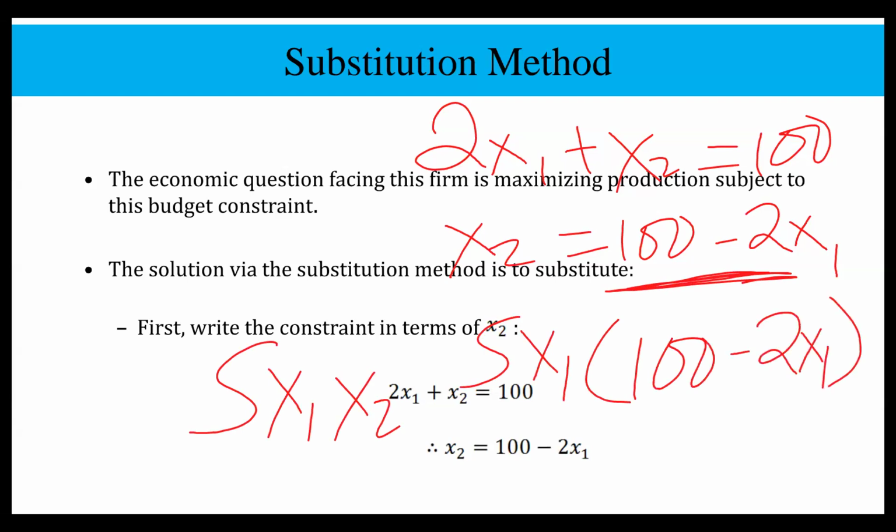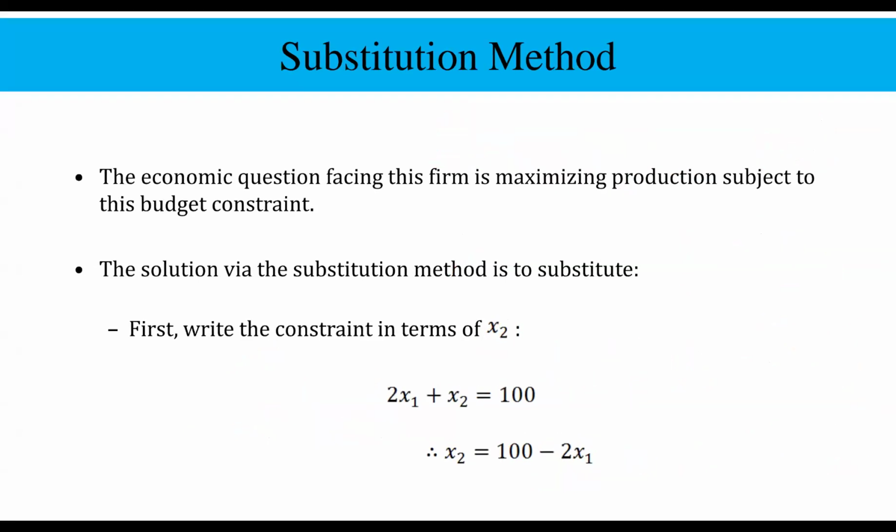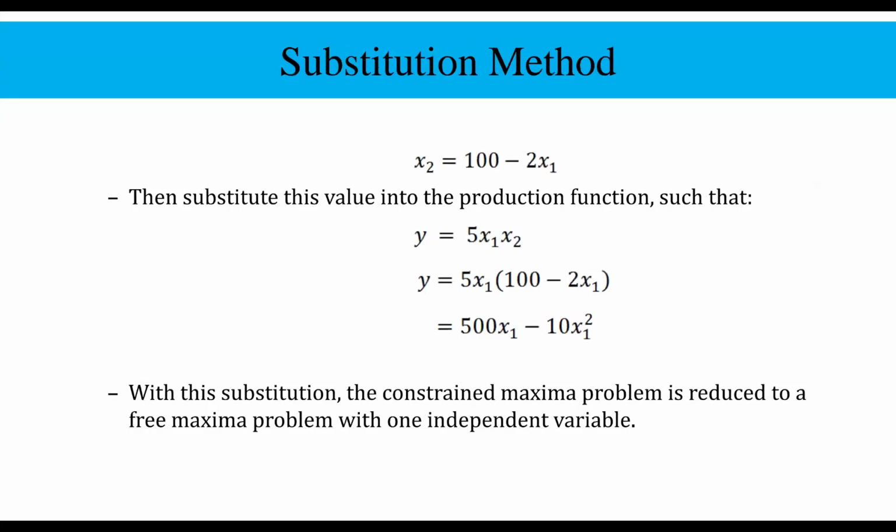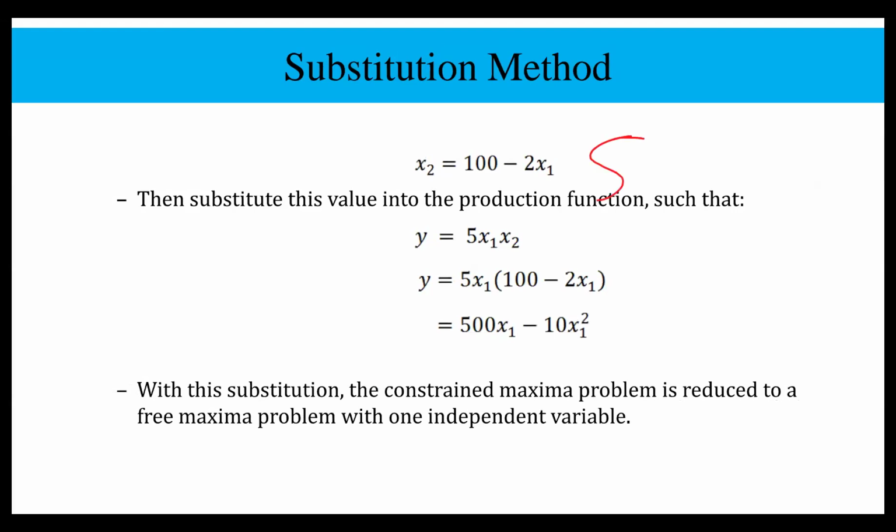So it becomes 5x1 multiplied by (100 minus 2x1). If you do your computations, you should find 500x1 minus 10x1 squared. So you have this function equal to 500x1 minus 10x1 squared.